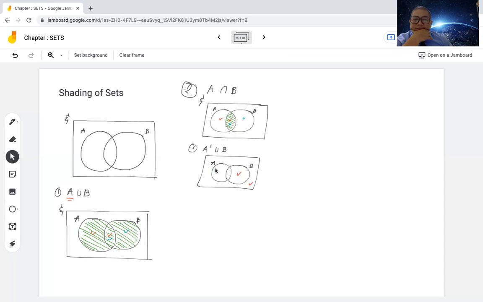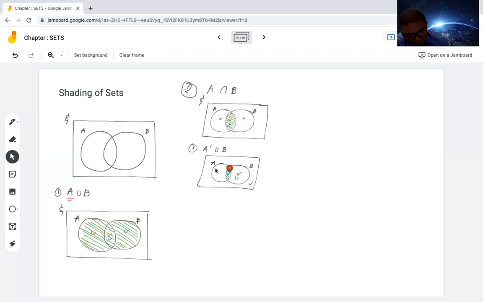All right. Now let's go to B. So to check B, I will understand that this is my B. And if this is my letter B, then the elements can be found here, here, and here. So these are the portions for set B. And when we say union, that means you are going to unite them.